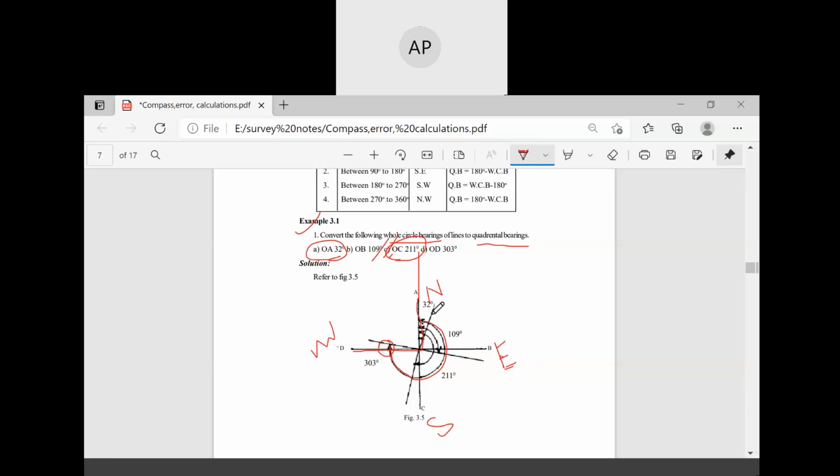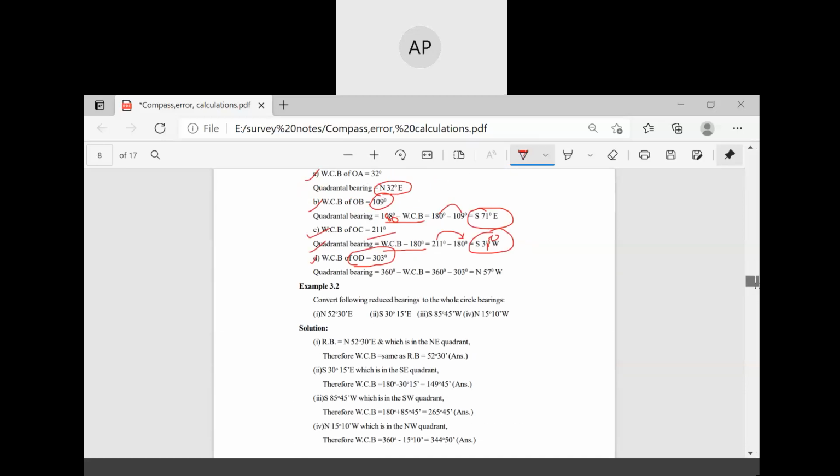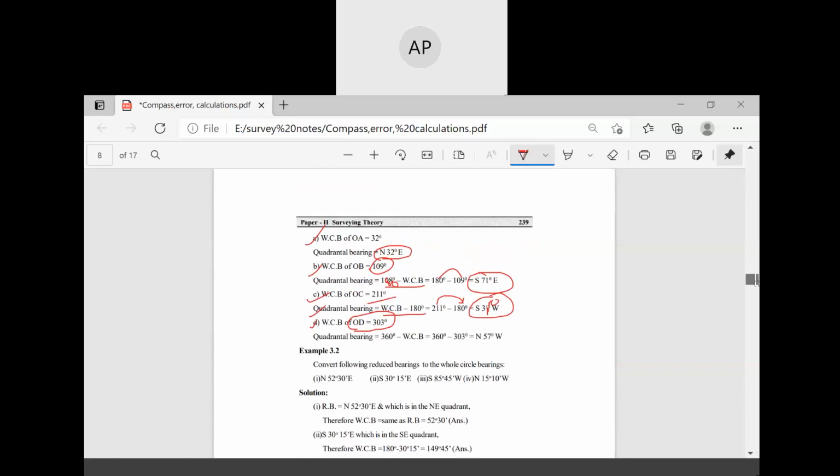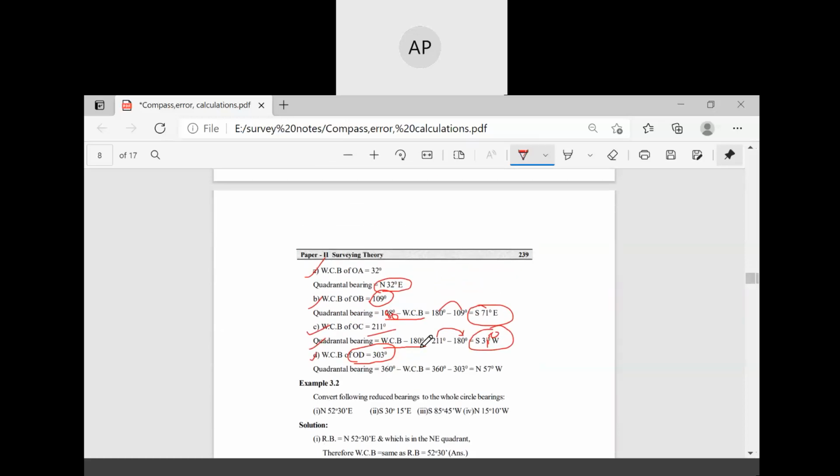It will be 360 degree minus whole circle bearing. So 360 degree, the angle given is 303. So it is north 57 degree west. Okay. This way we have to convert from whole circle bearing to quadrantal bearing.